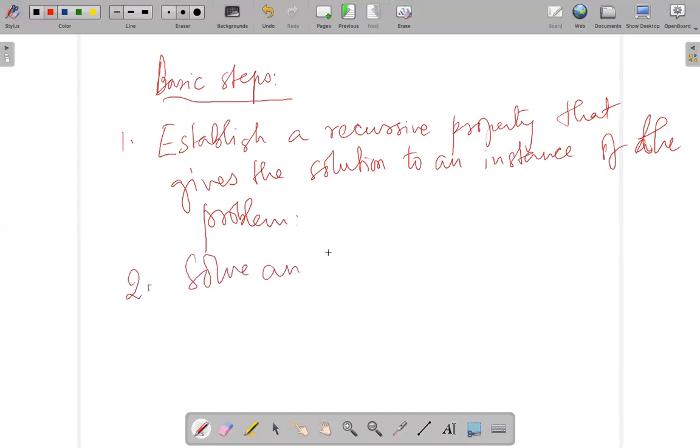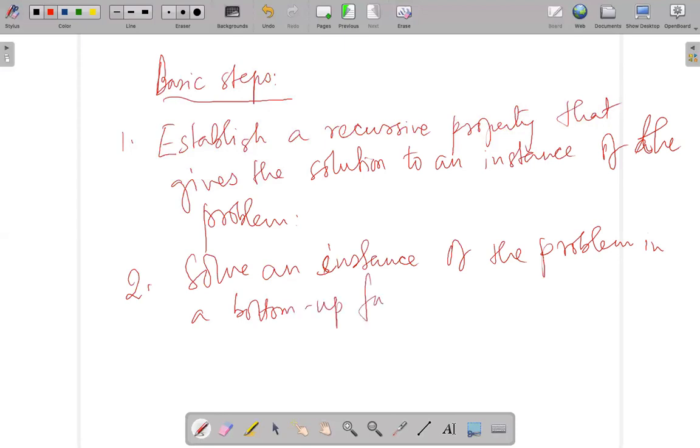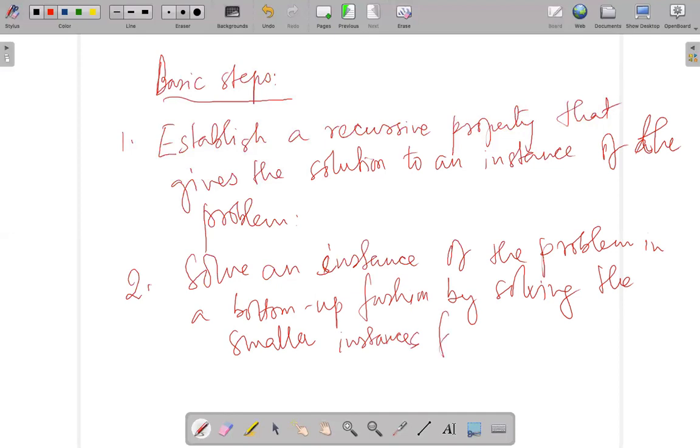Second, solve an instance of the problem in a bottom-up fashion by solving the smaller instances first.